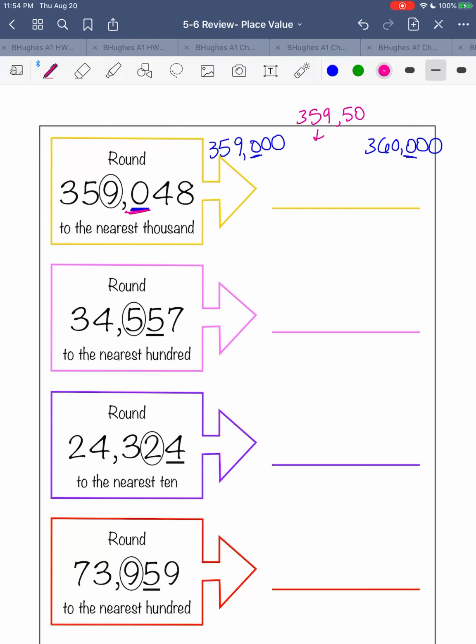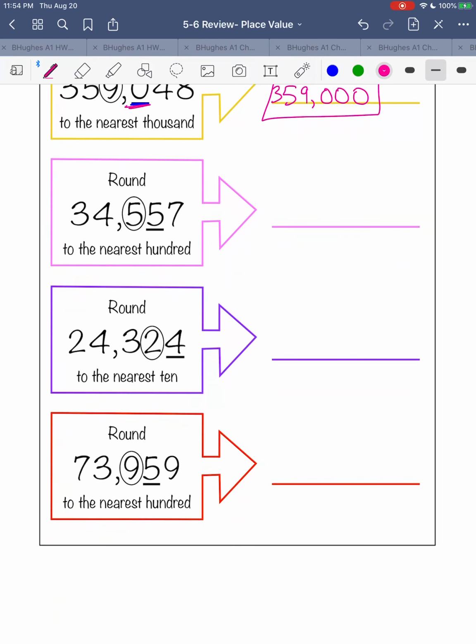Or you can just look at the 0. Clearly, if this is 500 and this is 0, we know that this number here is going to be on the lower half. So it is not going to round up. It is going to round down to 359,000. That would be our answer to that one.